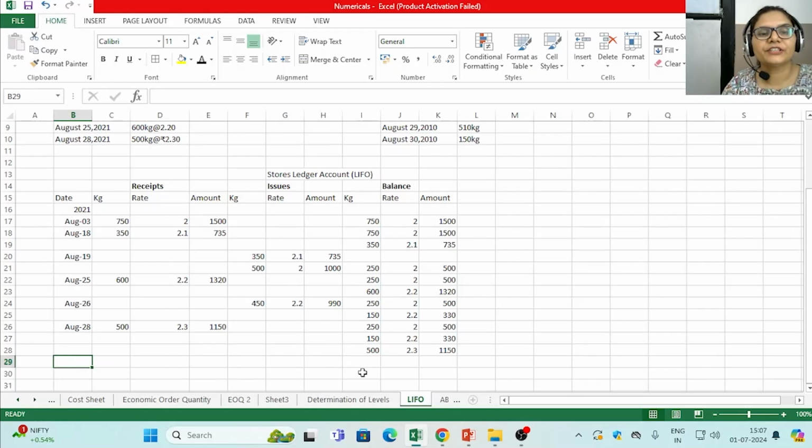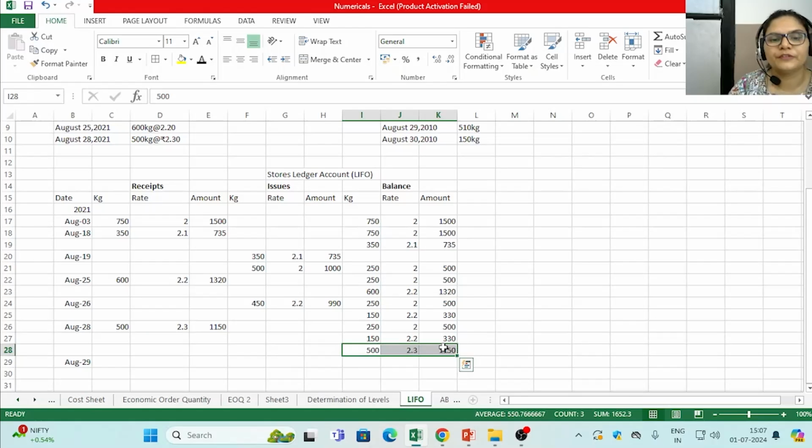Now next transaction is on August 29. On August 29, we don't have any purchases. We have issues of 510 kg. Now what we will do, first we will issue fresh purchases. As we are following LIFO method, we will issue the latest purchases.